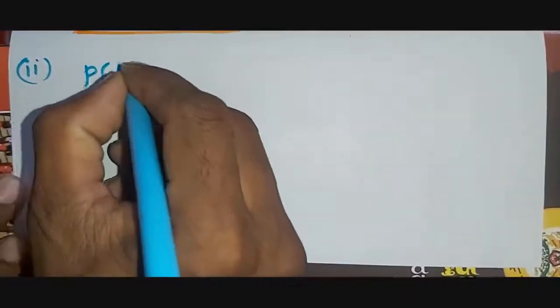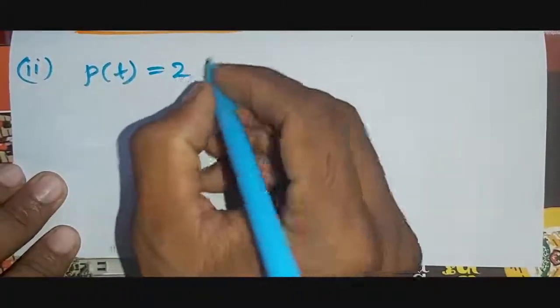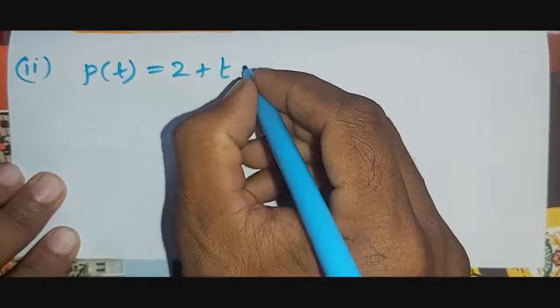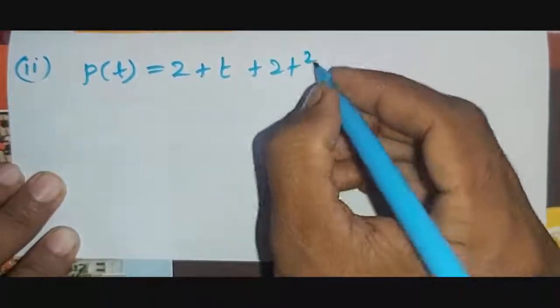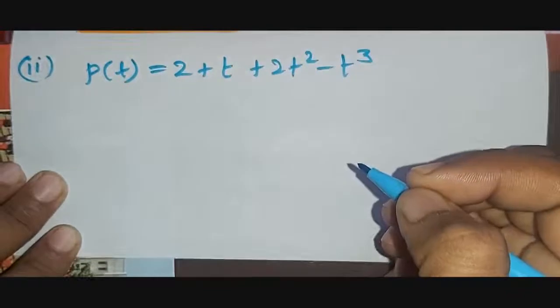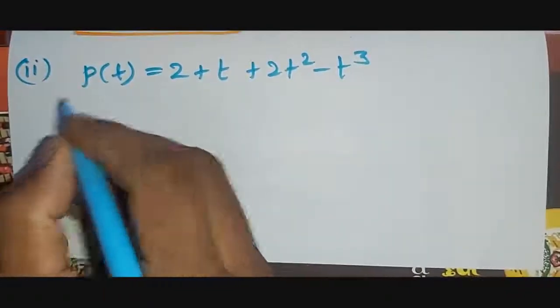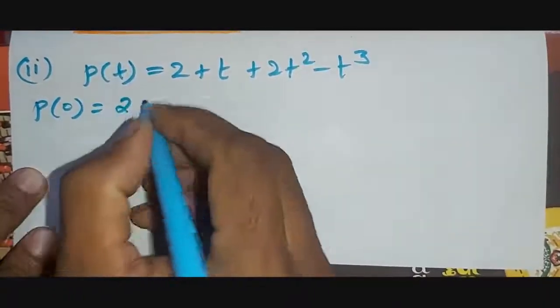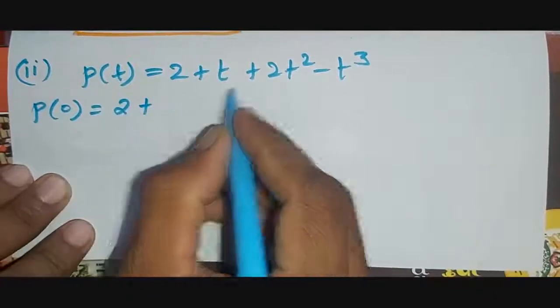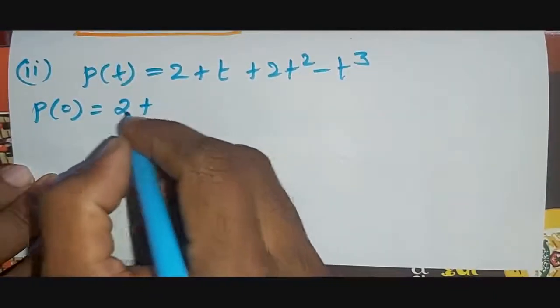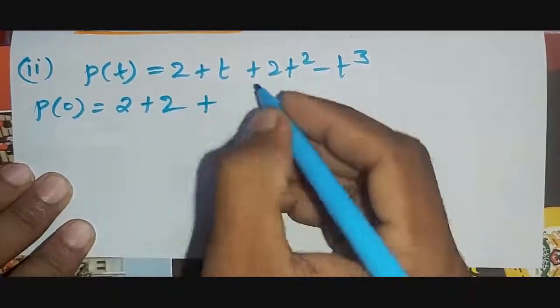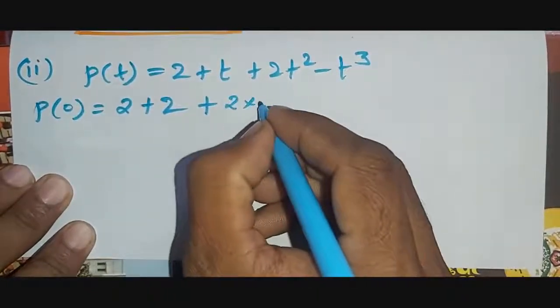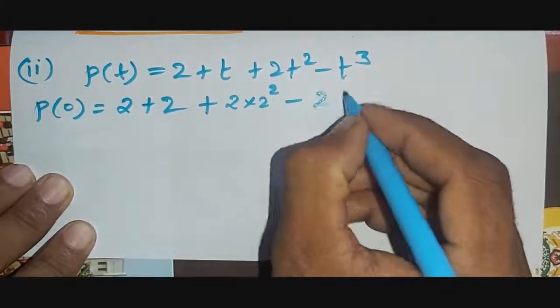Okay, now the second one, that is P of t is equal to 2 plus t plus 2t square minus t cube, right? Here also we need to find out P of 0, P of 1 and P of 2, right? P of 0 is equal to 2 plus 0 plus 2 into 0 square minus 0 cube.